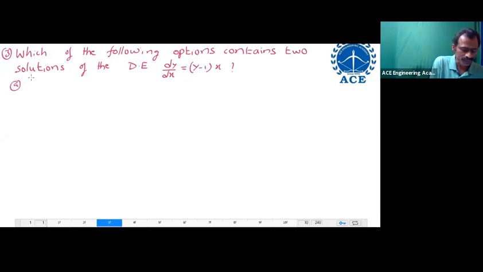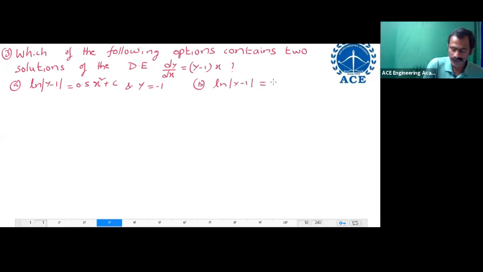Option A: ln modulus of y minus 1 equal to 0.5 x square plus c and y equal to minus 1. Option B: ln means natural logarithm, ln of y minus 1 equal to 2x square plus c.